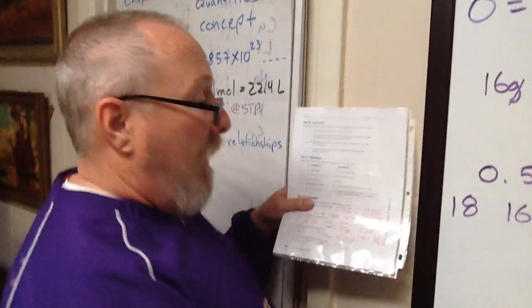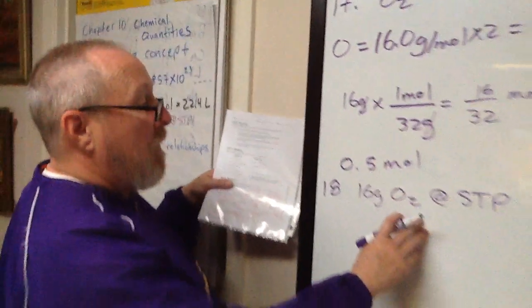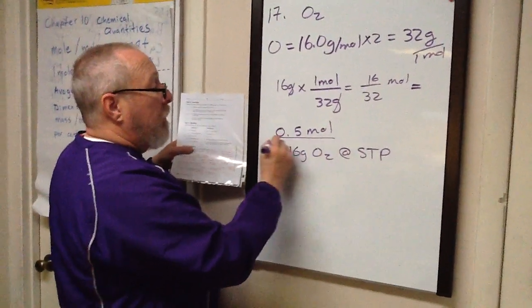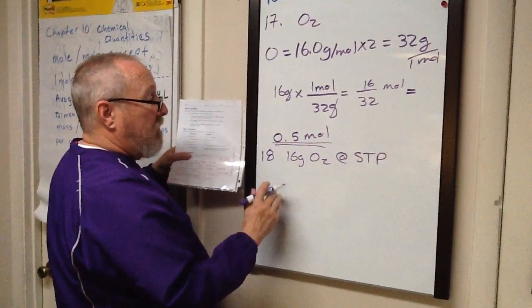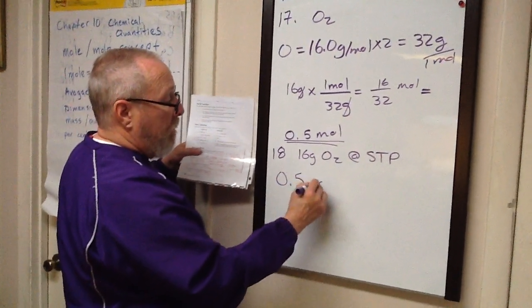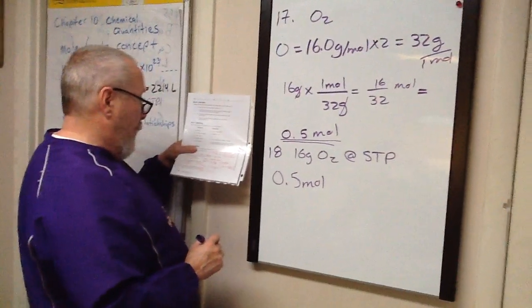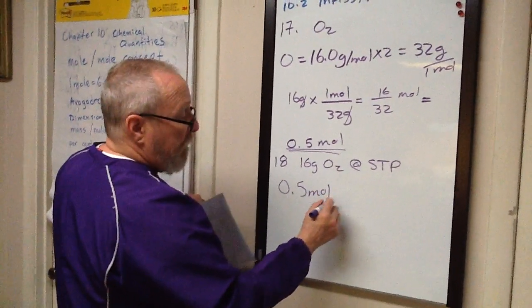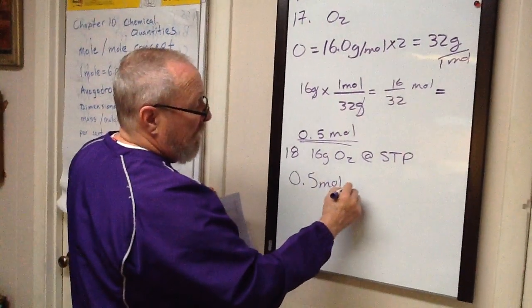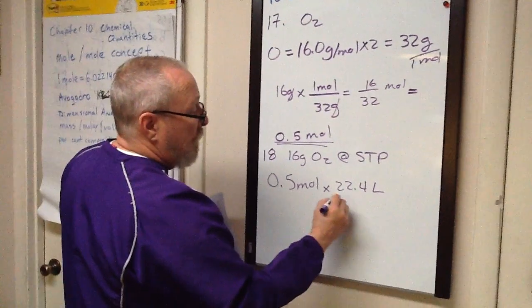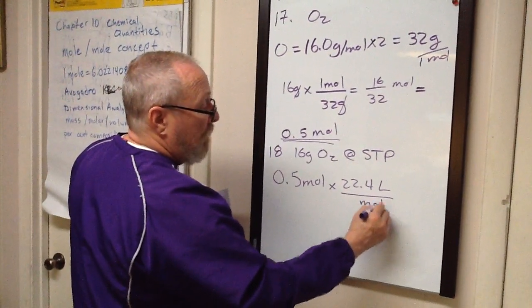And so I know I have 16 grams, but from the previous problem 17, I know that 16 grams is equal to 0.5 mole. And I'm going to multiply it by 22.4 liters per mole.